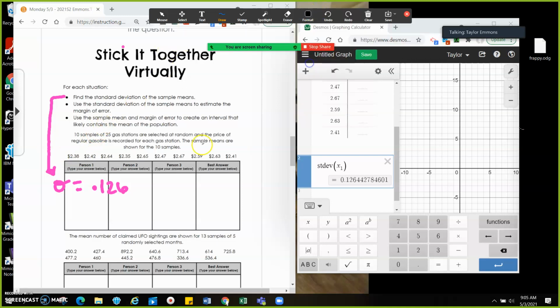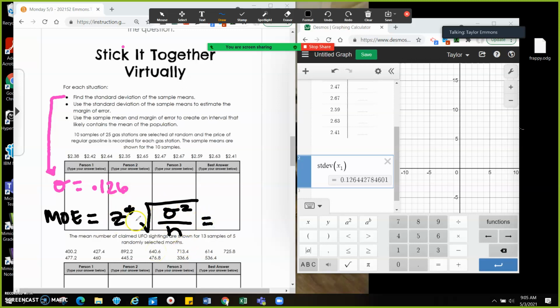Our next step is to find the margin of error. So if you type into Google, margin of error formula, you're going to find z critical multiplied by the square root of the standard deviation squared divided by your sample size.